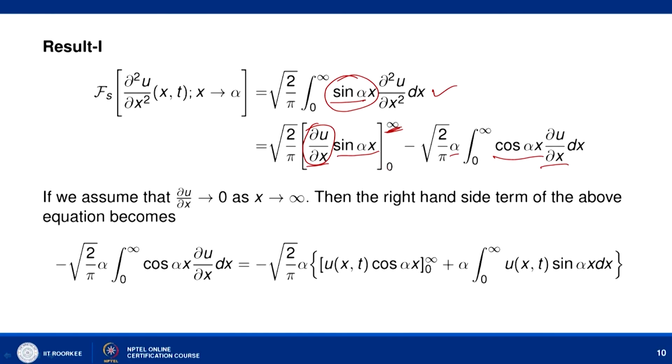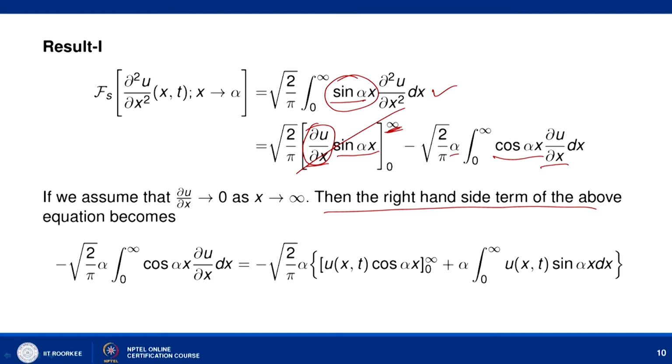Now at x equal to 0, since sin of 0 is 0, the boundary values will be cancelled out. So the right hand side of the above equation is now reduced to minus square root of 2 upon pi α, integral from 0 to infinity of cos αx ∂u/∂x dx.